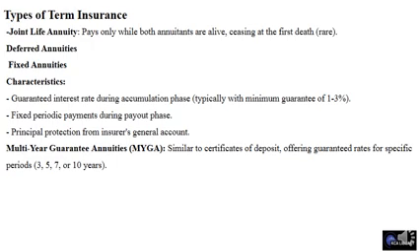We have the deferred annuity, and its characteristics are a guaranteed interest rate during the accumulation phase, typically with a minimum guarantee of 1 to 3%.